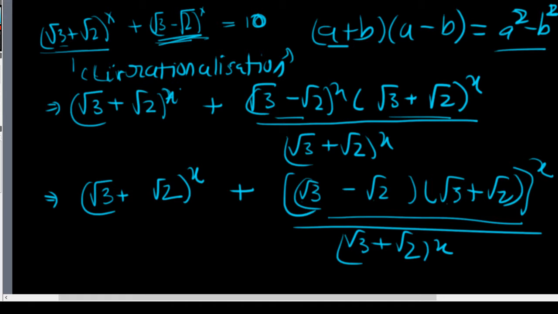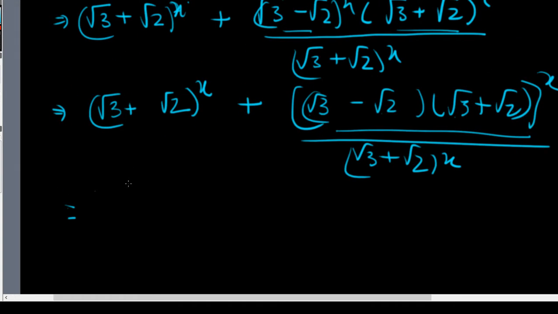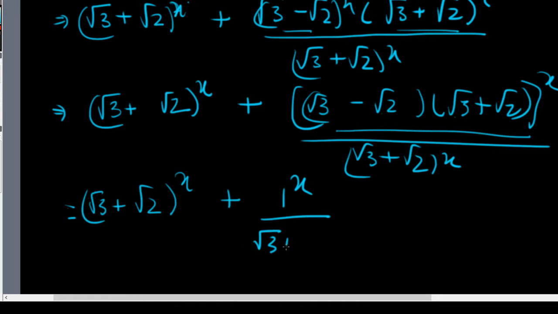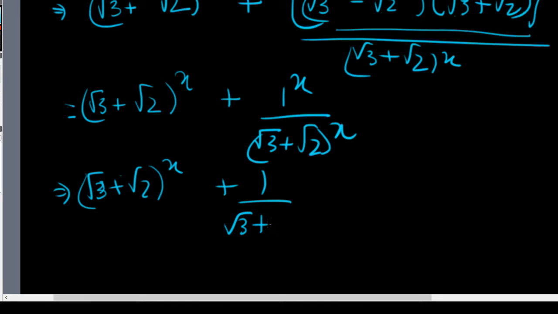So this simplifies to (√3 + √2)^x plus 1^x upon (√3 + √2)^x, and this becomes (√3 + √2)^x + 1 over (√3 + √2)^x.